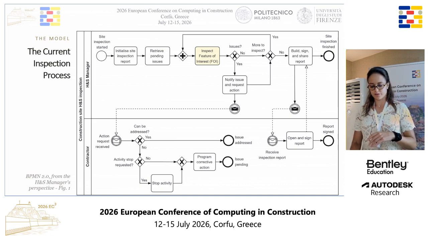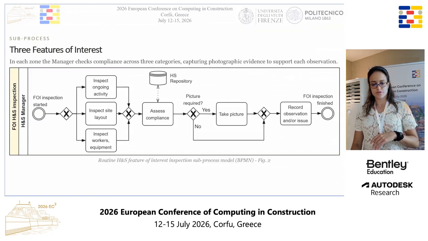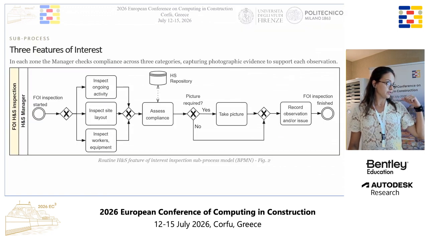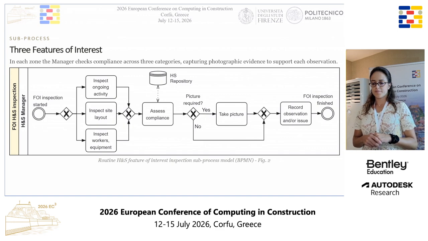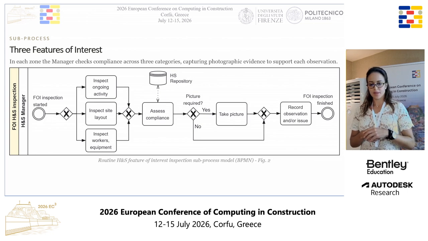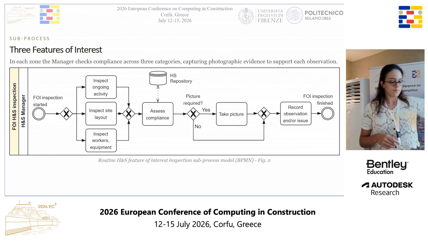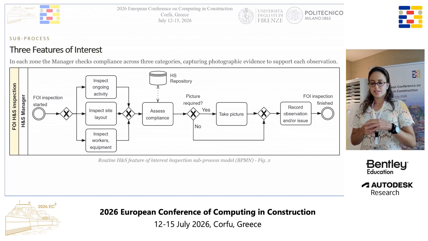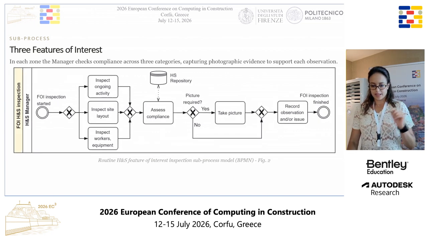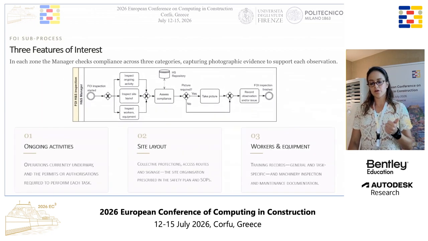It clearly shows the responsibility of each actor. If we zoom in on the feature of interest, the yellow box in the previous slide, here we have the model of the complete process, and we focused on the most repetitive activity, which is the inspection, of course, of the feature of interest, the FOI. Every observation during this site walkthrough belongs to one of these three categories: the ongoing activity, site layouts, and workers' equipment.